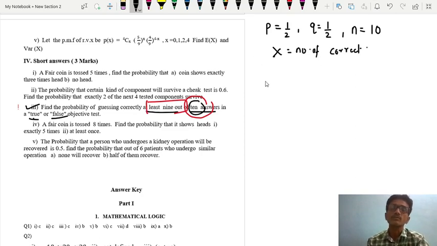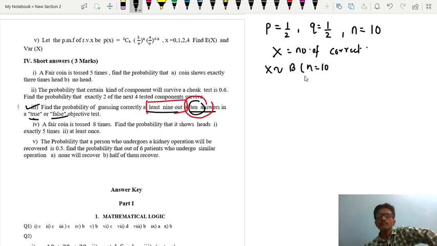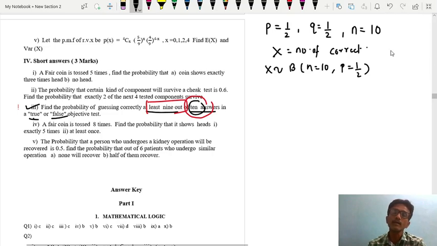So we can write X follows binomial distribution with parameters n is equal to 10, and probability p is equal to 1 by 2. So how do we construct the formula here?